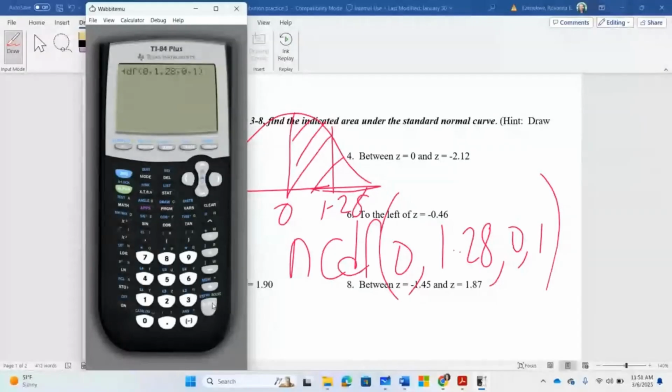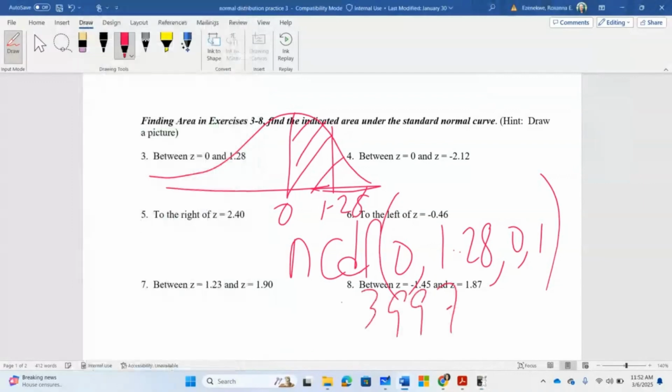The area between is approximately 0.4, because remember that area cannot be negative. So the area between is 0.3997. They didn't tell me the number of decimal places, so I can use 4 decimal places. 0.3997. Remember, you can also read the chart. Okay, so this is area between.